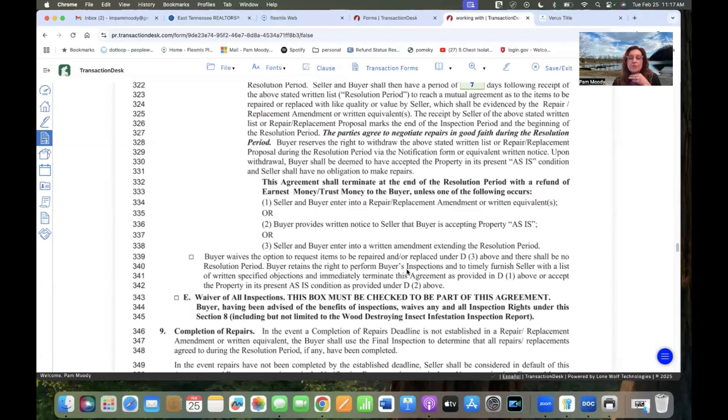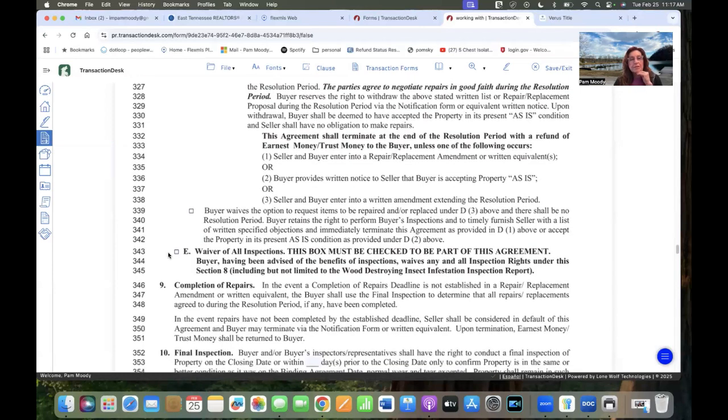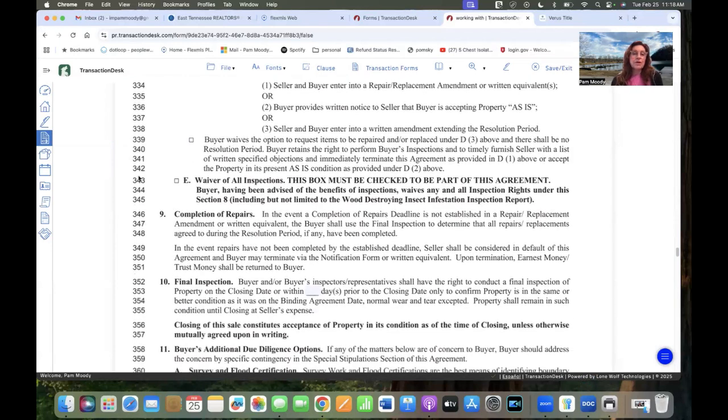Buyer retains the right to perform the inspection in a timely manner, furnish seller with a list of written specified objections, and immediately terminate. So you're going to do an inspection and you want the option to terminate. Or you can waive all inspections. I don't suggest this. That happened a lot when we were just after COVID and everybody was crazily making multiple offers, but this is not a good idea.